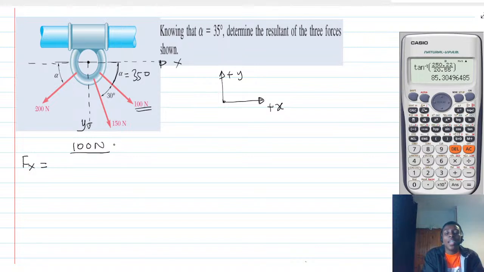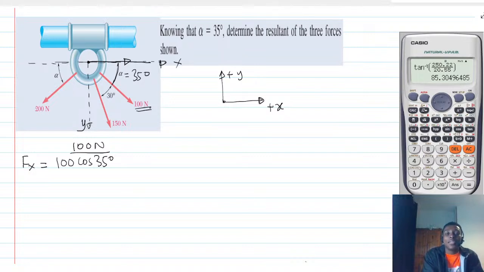So the x component Fx is going to be 100 cosine 35. But is it plus or minus? That is the question we have to ask ourselves. Is it plus or minus? It's going to be plus because the line of action of the force along the x is coming this way.